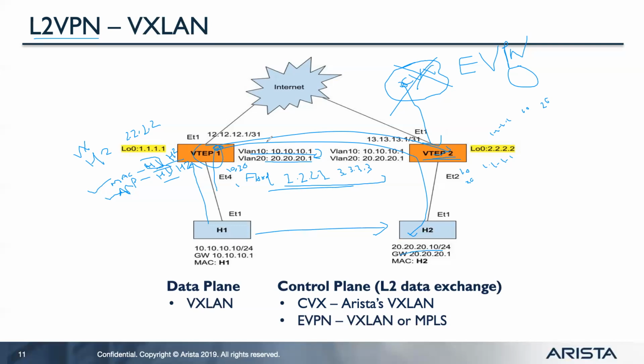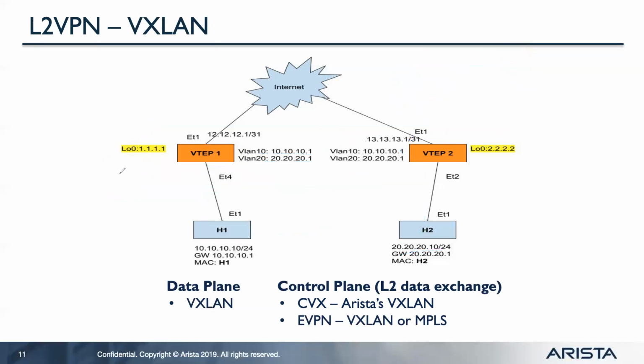Can anyone tell what we can use to advertise this information? What are the possibilities? We want to advertise MAC and ARP to the other VTEPs, and the flood list to the other VTEPs. What can we do?